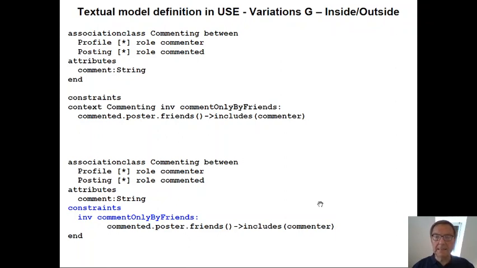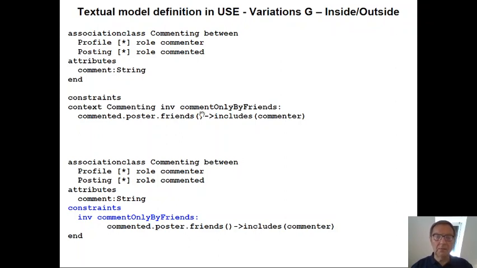A last thing is about the placement of the constraints. Constraints can be placed inside a class or outside a class. Originally, we had a constraint for the commenting class.